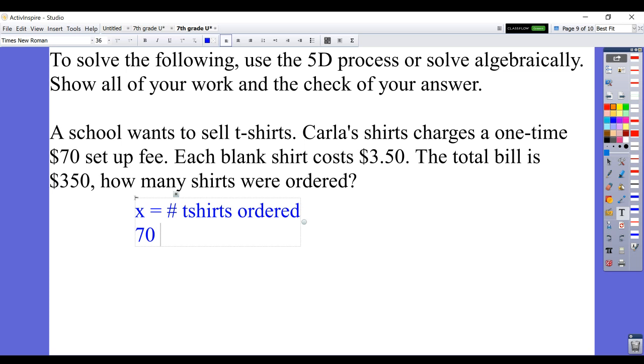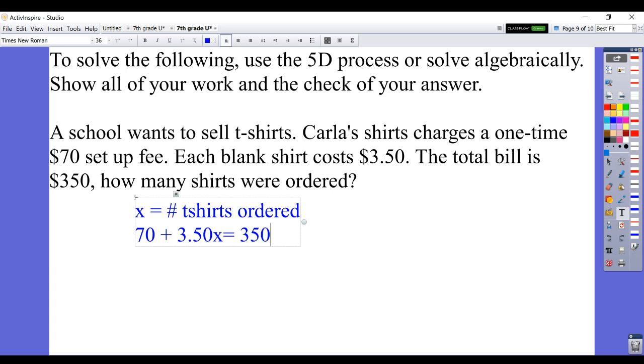So we've got this one-time $70 setup fee. And then we've got each blank shirt costing $3.50. So that means we pay $70 plus we're going to pay $3.50 times the number of t-shirts that are ordered. The number of t-shirts ordered times $3.50 plus that $70 setup fee is going to equal the total bill of $350.